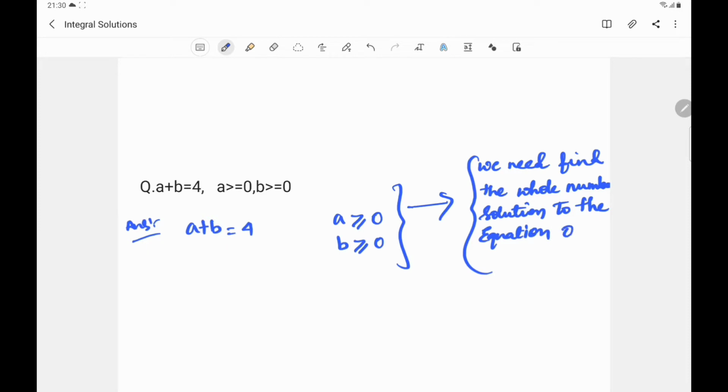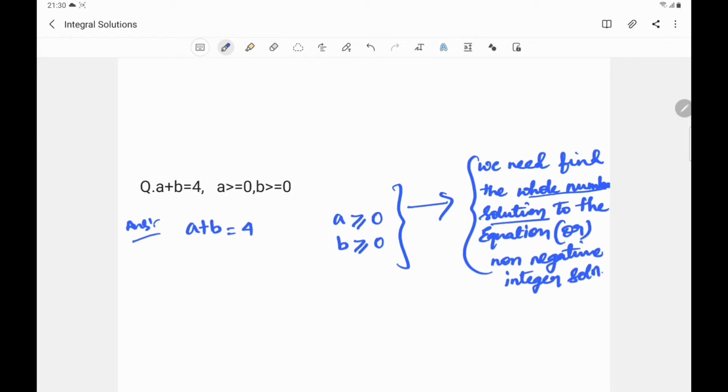Or else, let me rephrase it: whole number solutions, or non-negative integer solutions, to the equation.